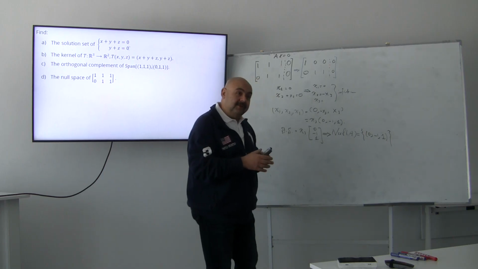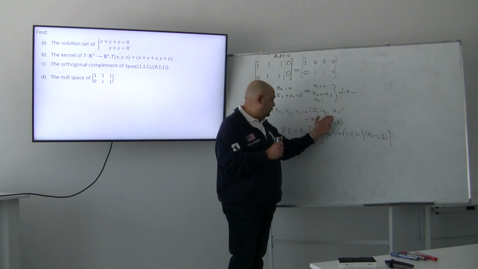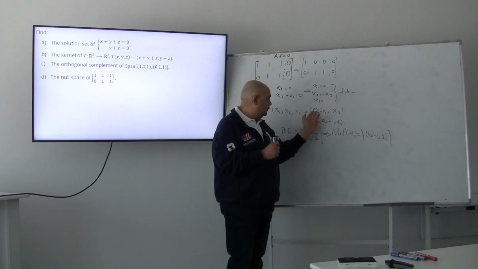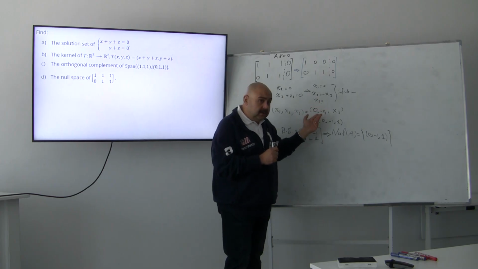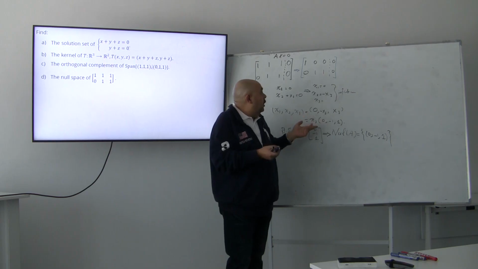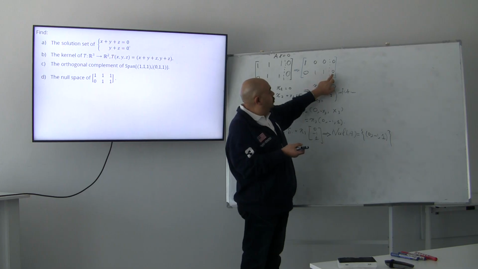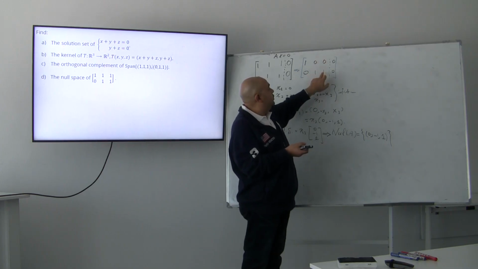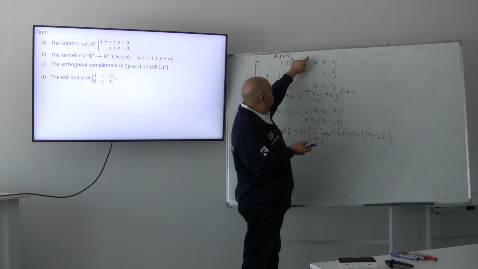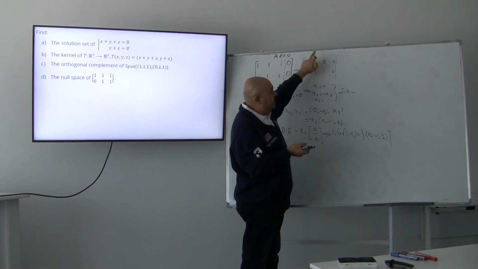I have a question. When it comes to x3 equals, we don't have anything above it. Why don't we write that x3 is equal to -x2? How to write it? It's from here, x2 equal to negative, this is the third column. So it's 1 times x2 plus 1 times x3.